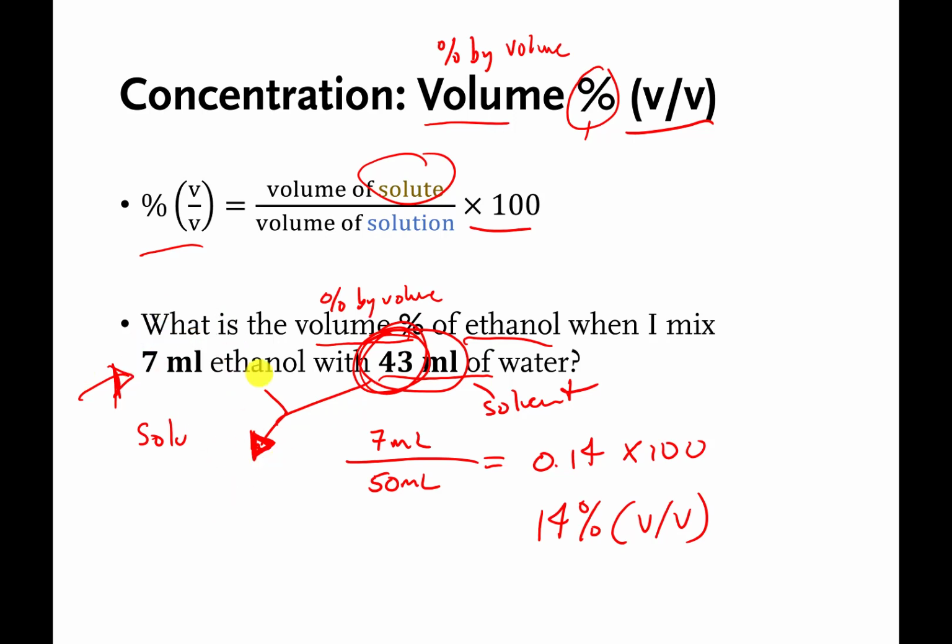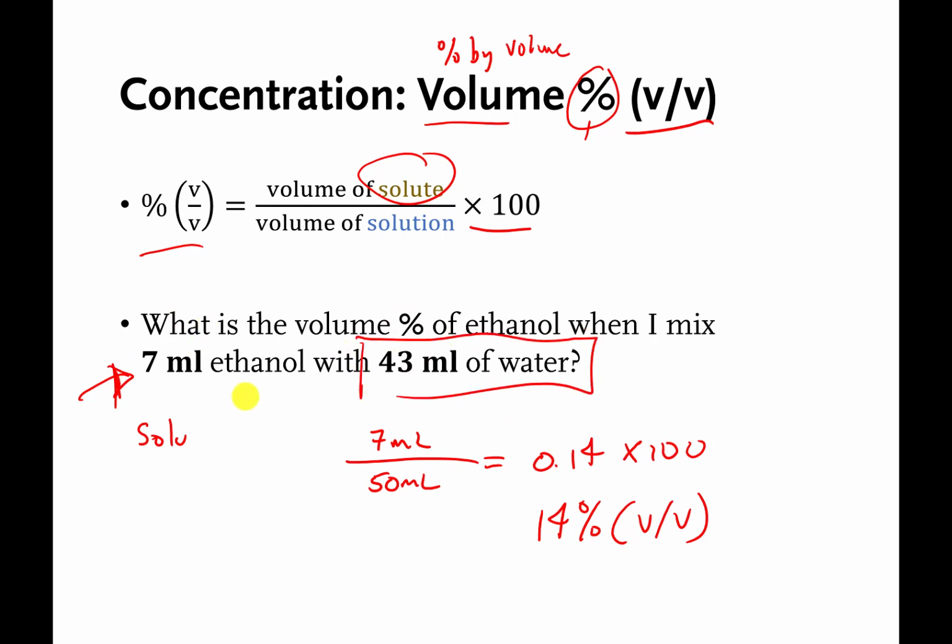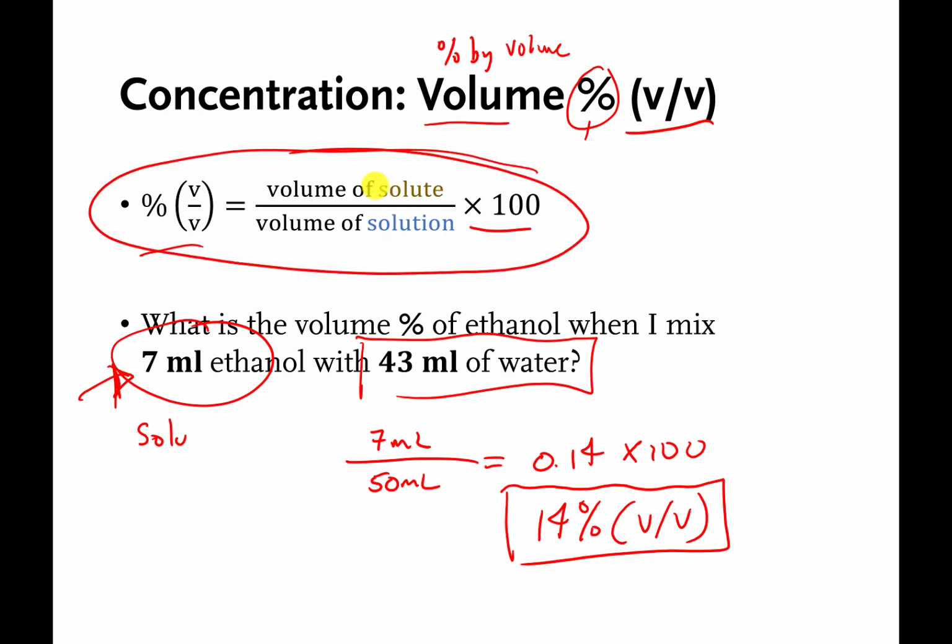So if I said, hey, what's the concentration of booze when I go to the party and I spike 43 milliliters of water with 7 milliliters of booze, you could say, oh, it's 14% (v/v), which means we used this method. This is how concentrated the alcohol is in our liquid.